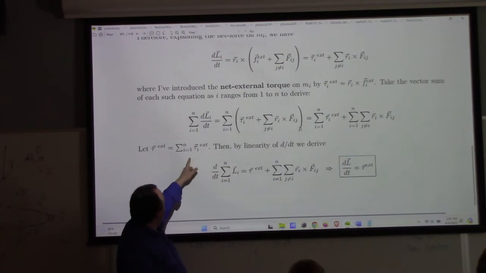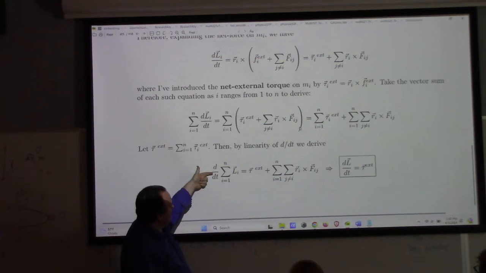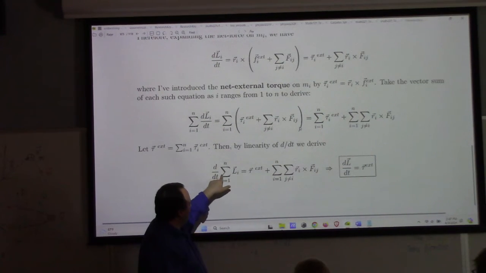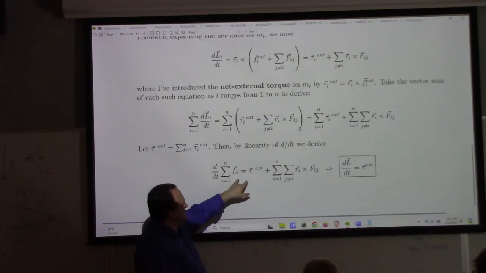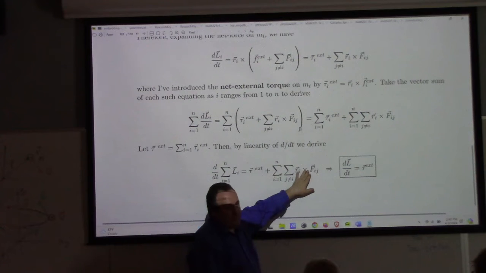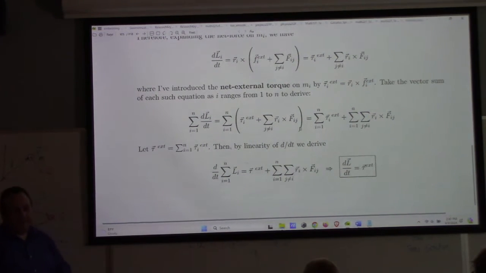Pull the time derivative out because it's linear, additive, and there you go. The time rate of change of the total angular momentum is equal to the total external torque plus this thing, which we'll show is 0. Why it's 0 is actually kind of interesting.